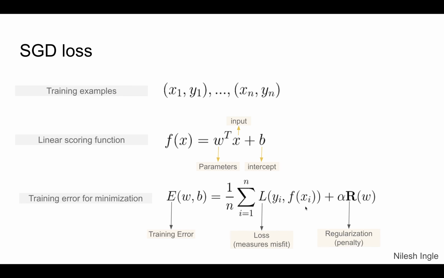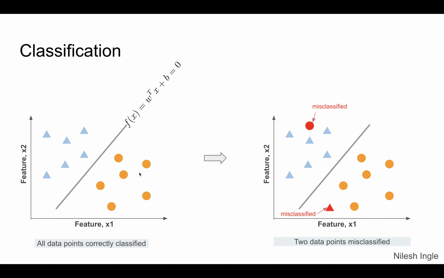Before that, I just want to mention how that could be relevant in classification. If we are looking at a binary classification where we just have two classes, here we have this represented by the orange dots, and then we have the blue triangles. These can be separated by a straight line, which is therefore called a linearly separable problem, and that line is given by this equation, which is equal to 0.